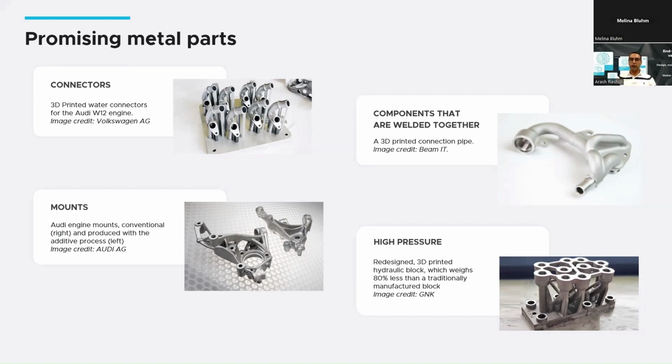You can lower the weight of such a hydraulic block, in this case by 80% compared to a traditionally manufactured block, and you also save a lot of material. So it's also another sustainability aspect.